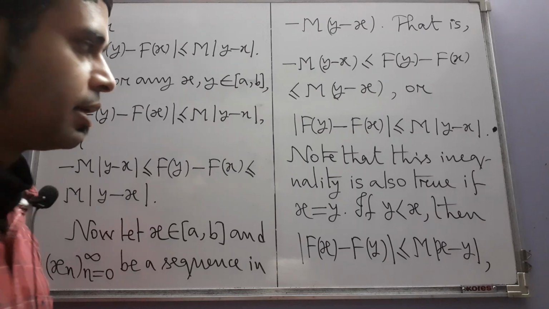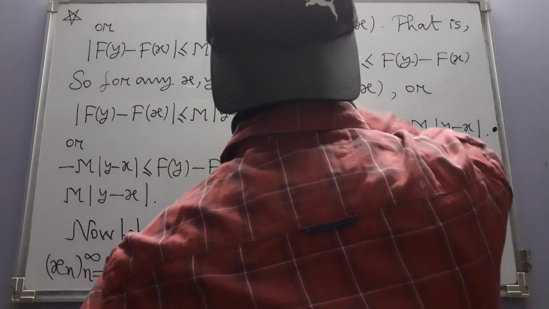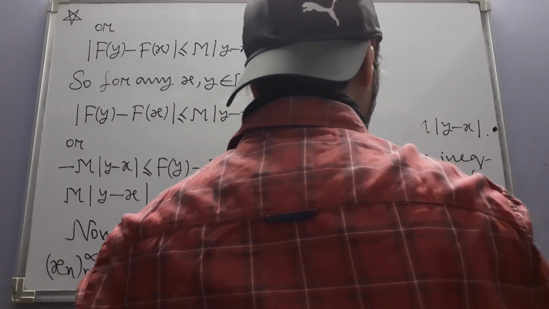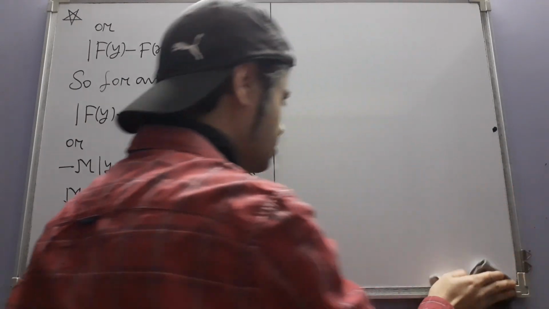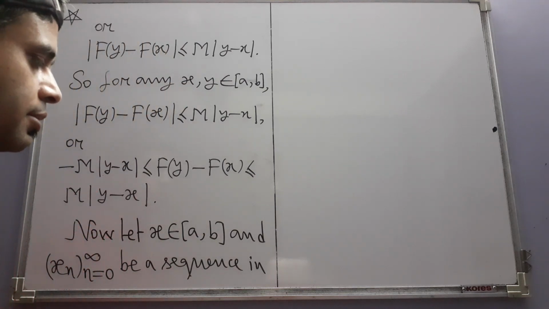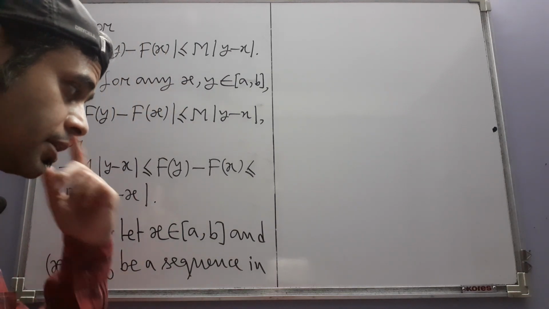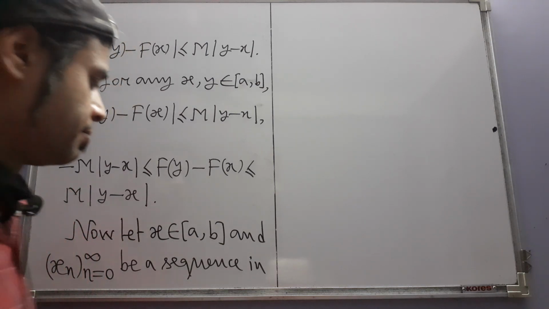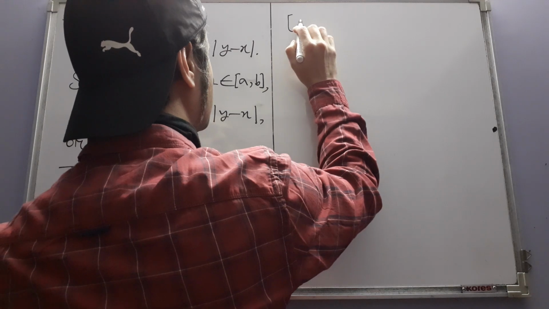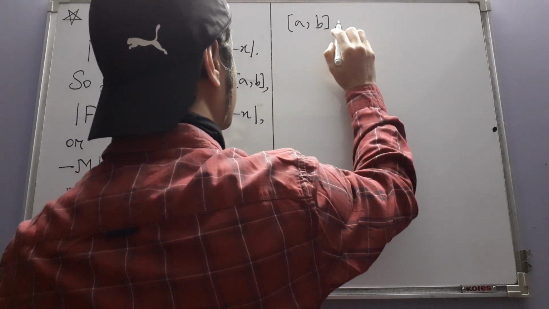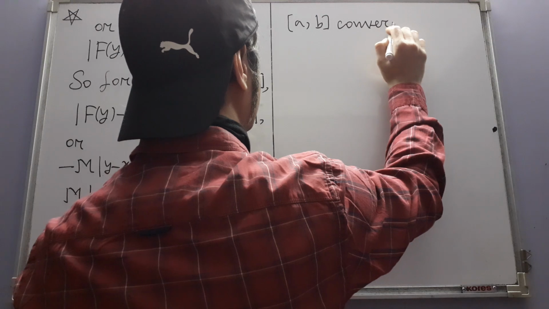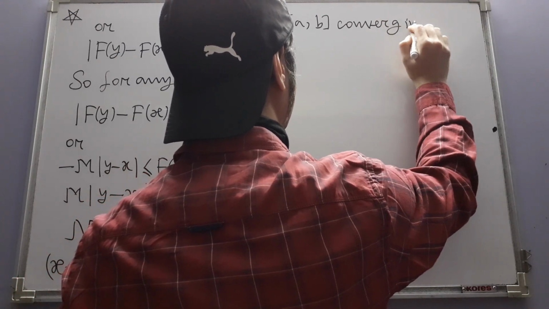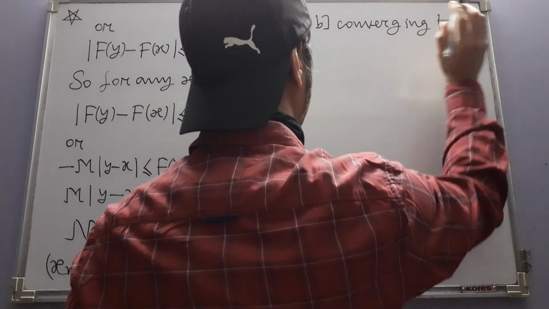You understand why we are considering these things, because we want to prove that capital F is continuous at this x, and we want to do so sequentially using sequences. So you may remember that sequential formulation of continuity of functions. That thing we are going to do here.